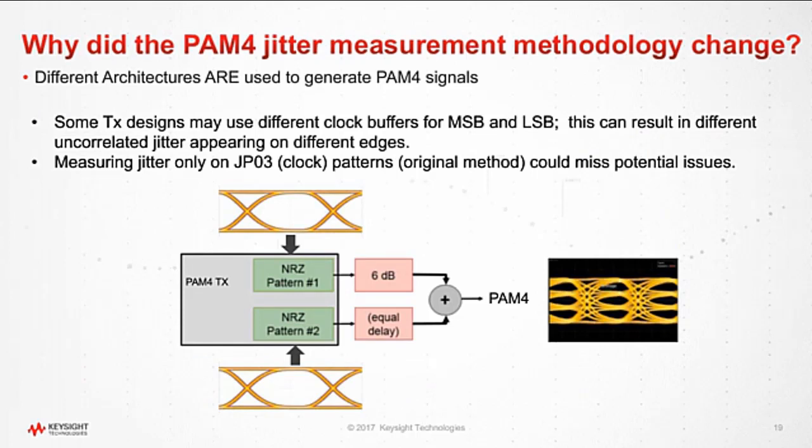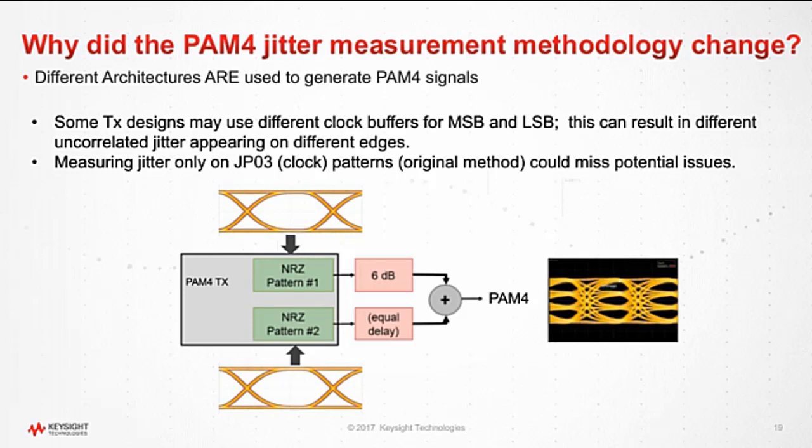So why did BS make that change? Well, there's recognition that different architectures are used to generate PAM4 signals. And if you have an architecture such as that shown in the diagram, where you have 2 NRZ patterns that are generated from 2 clock buffers or 2 PLLs, it's possible to have different uncorrelated jitter profiles on your MSB and LSB.